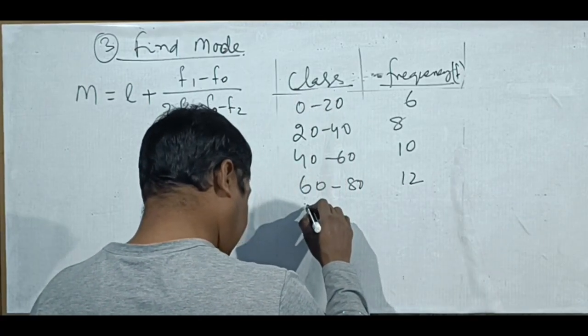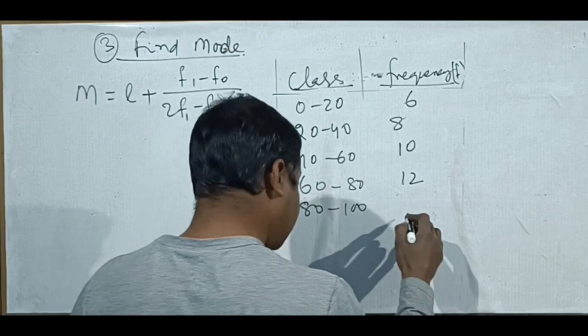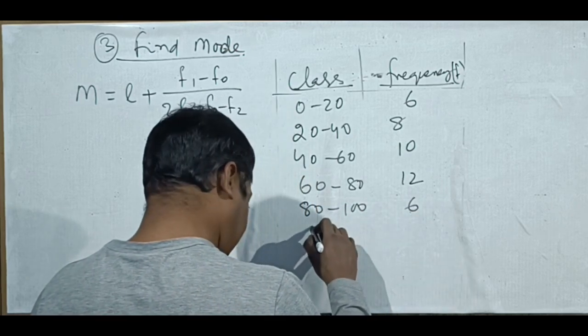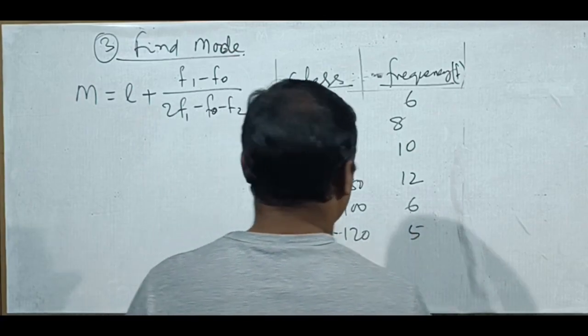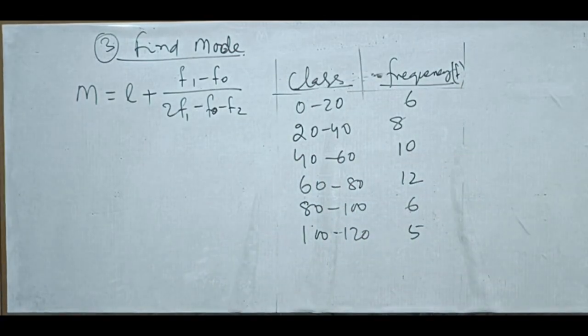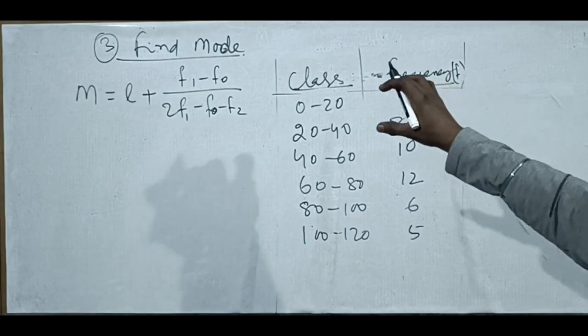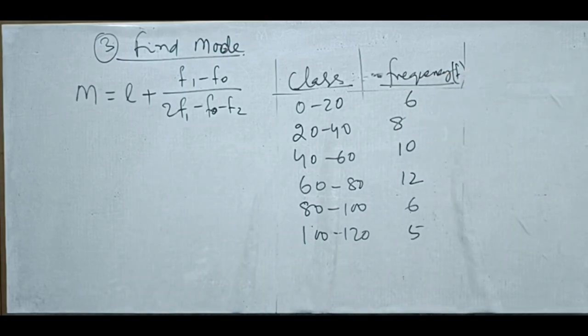Again, 80 to 100, the frequency is 6, and 100 to 120, the frequency is 5. This is the question. We have to find out the mode. The question is in horizontal line, I have written it in vertical line to calculate it separately.